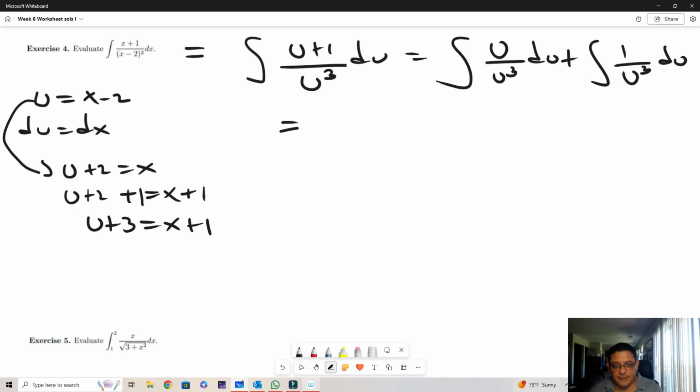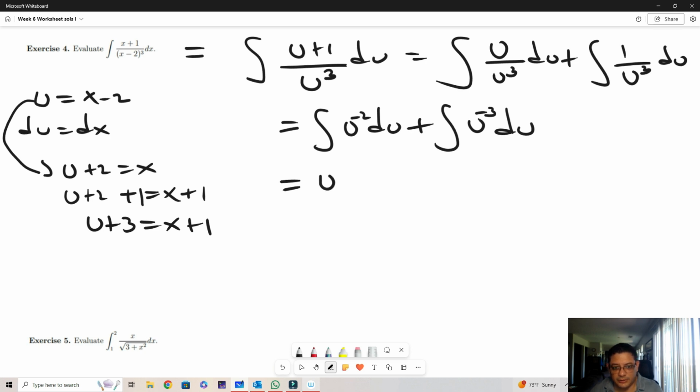And this is the integral of u to the minus 2, and this is the integral of u to the minus 3. And so this is u to the minus 1 over minus 1 when I integrate, and this will be u to the minus 2 over minus 2, plus c.